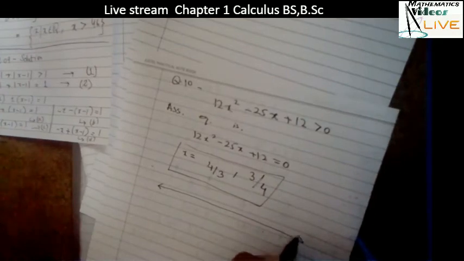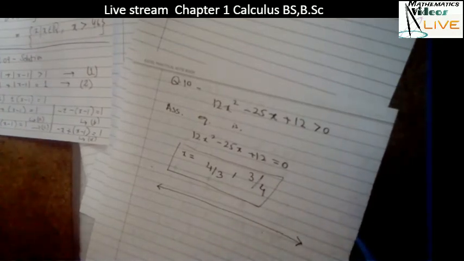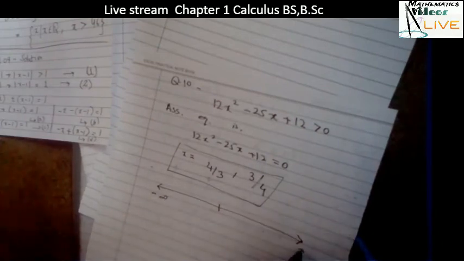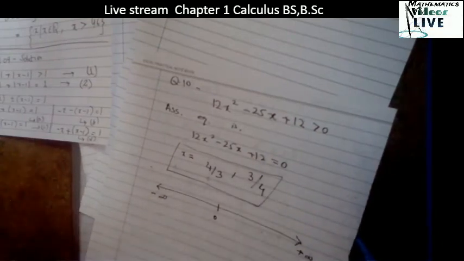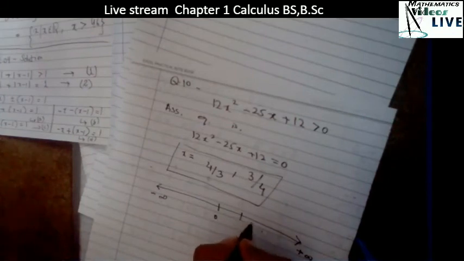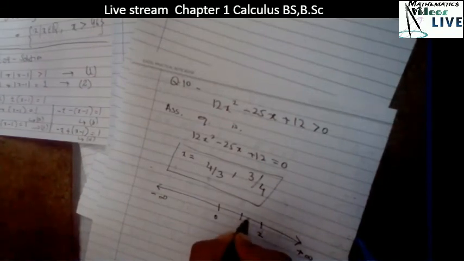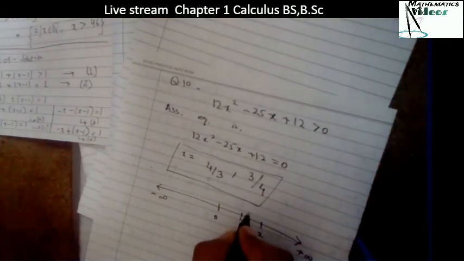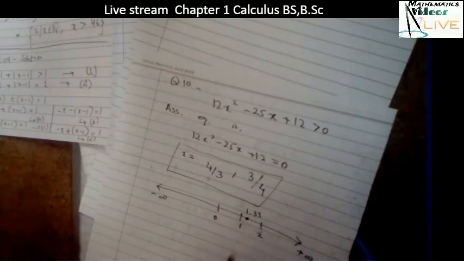The associated equation is 12x square minus 25x plus 12 equal to 0, and after solving this equation by using the quadratic formula or by factorization, you will get x is equal to, one is 4 by 3 and the other one is 3 by 4. These are the two boundary points.